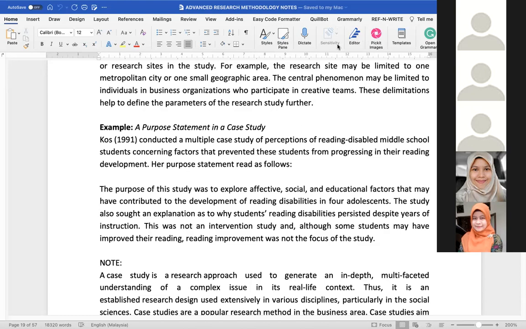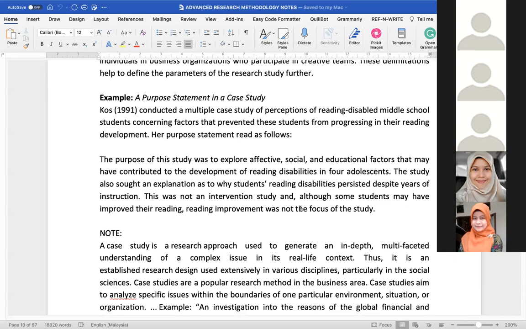The study also sought an explanation as to why students' reading disabilities persisted despite years of instruction. This was not an intervention study, and although some students may have improved their reading, the reading improvement was not the focus of the study. So that's an example of a purpose statement in a qualitative research.